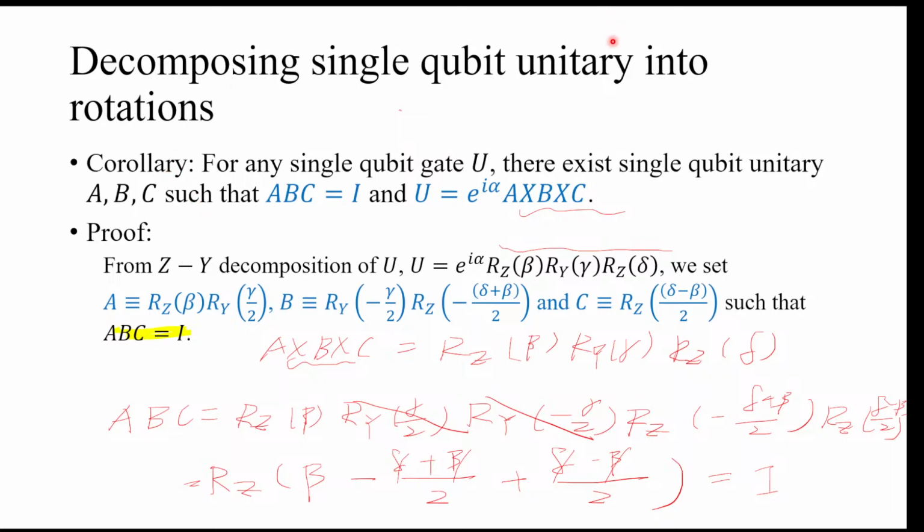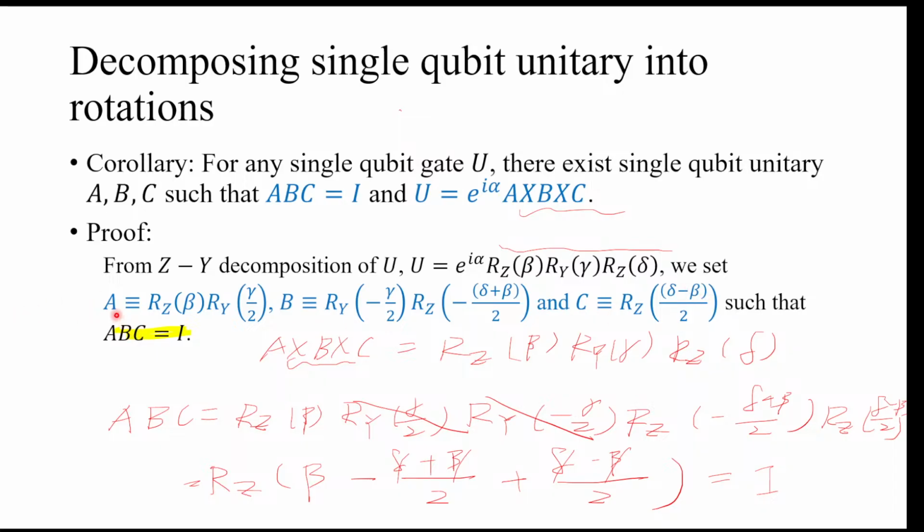Anyway, from the thing we just proved, we have our ZY decomposition of U, so U equals this RZ, RY, RZ, and then we give an explicit construction of A, B, C. We have beta, gamma, delta here, so we pick A, B, C carefully with this delta and beta.